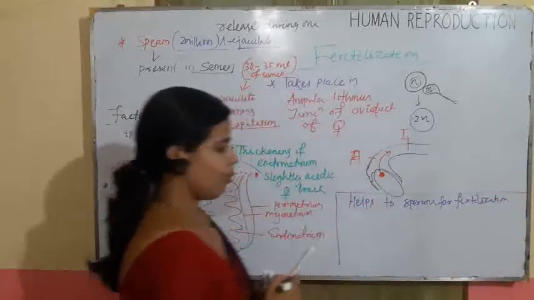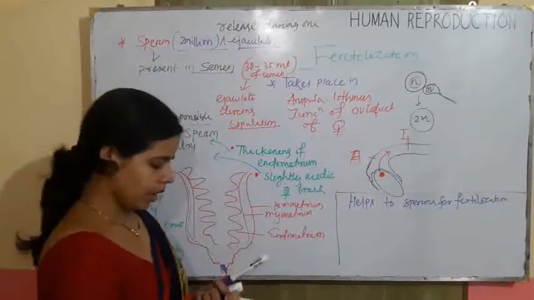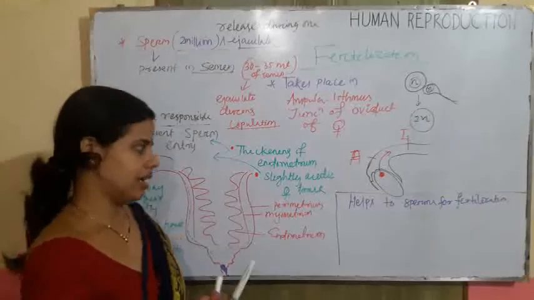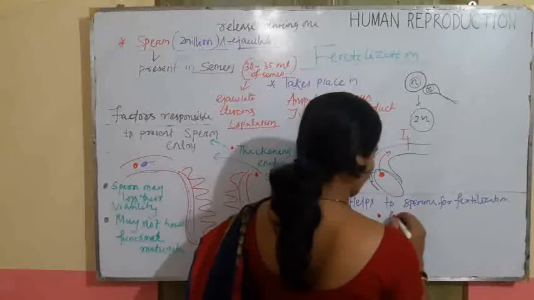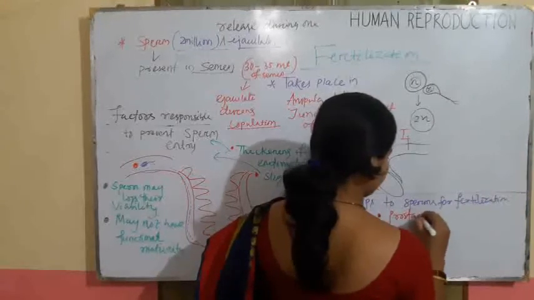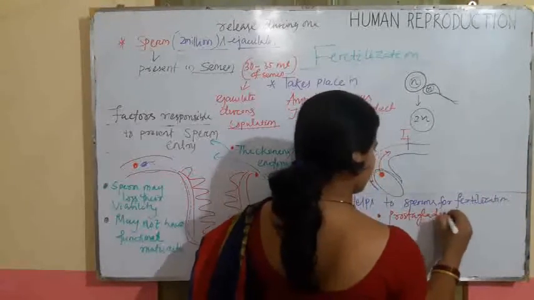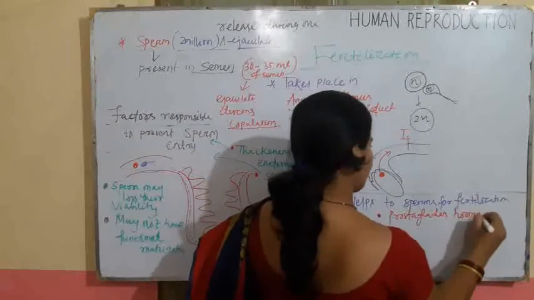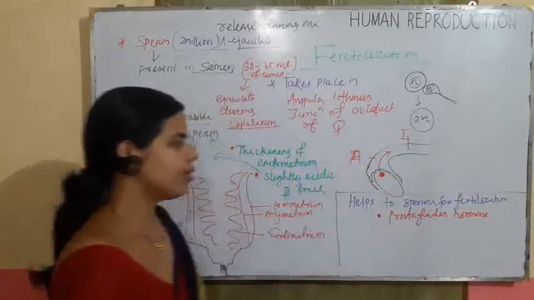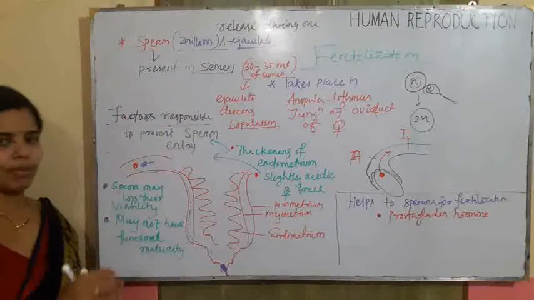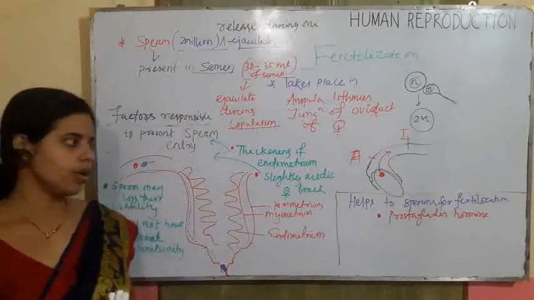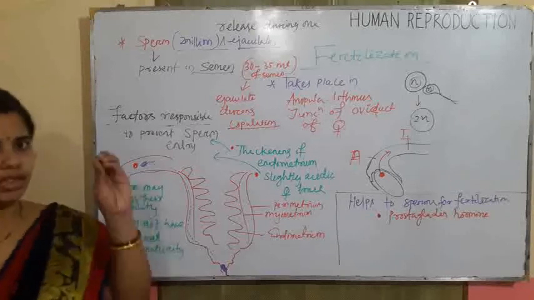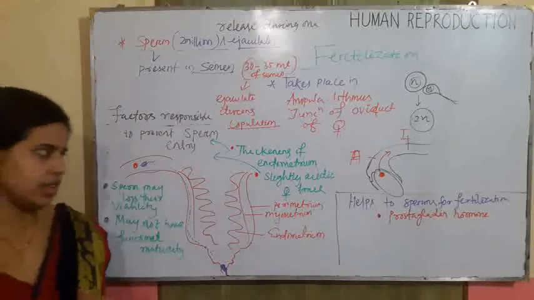Okay, what happened here? See, one of the hormones is there. The name of the hormone is prostaglandin hormone. One hormone is secreted along with the sperm, which is called prostaglandin hormone, related to the prostate gland secretion.